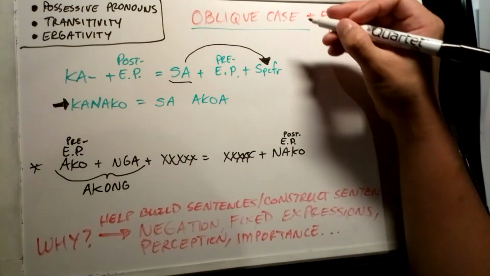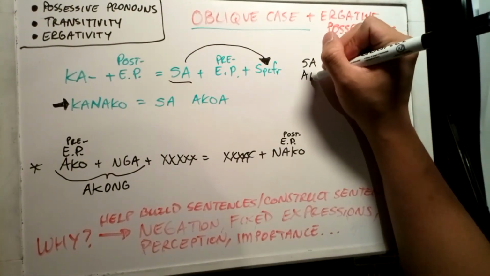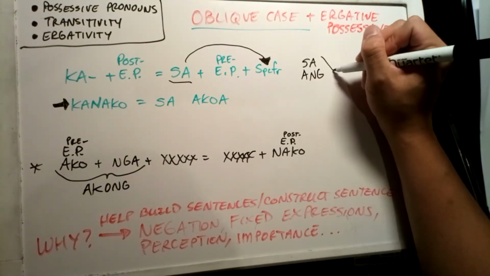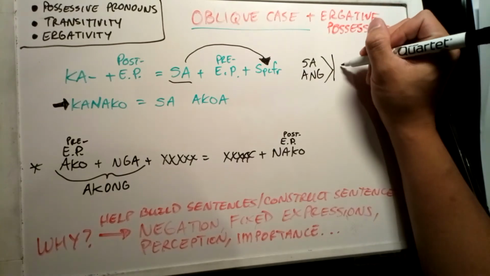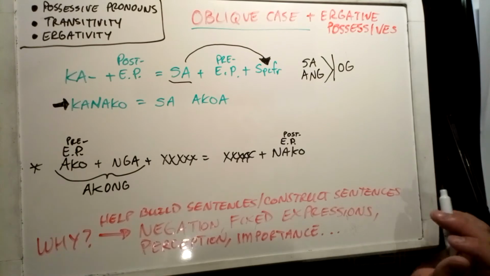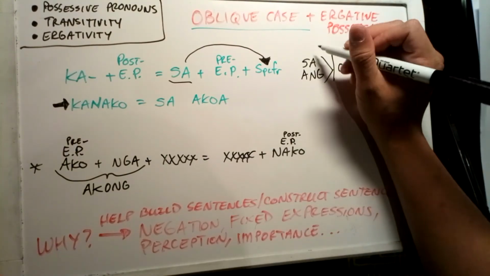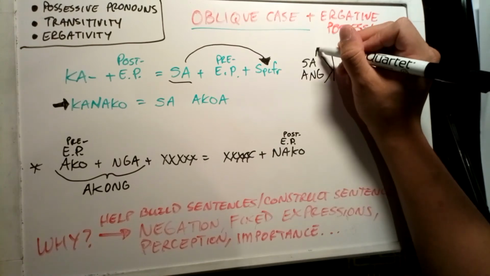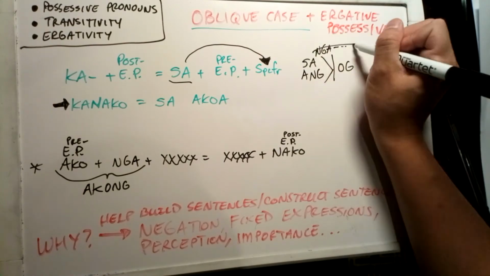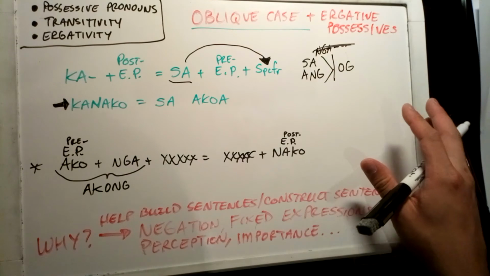And remember, sa and ang are specific markers that specify something, versus og, which is non-specific, okay? So keep that in mind. And remember with the sa, nga is also one of those things that can trigger a specifier, but that's a topic for another time.